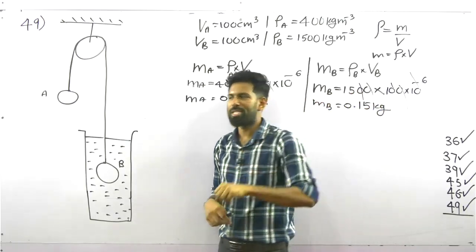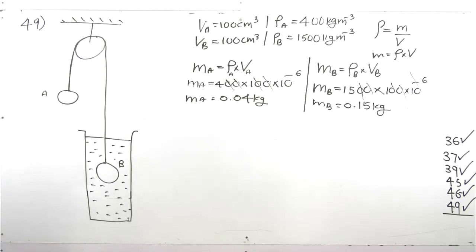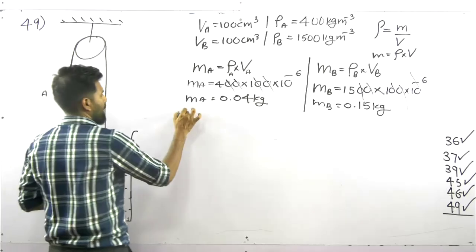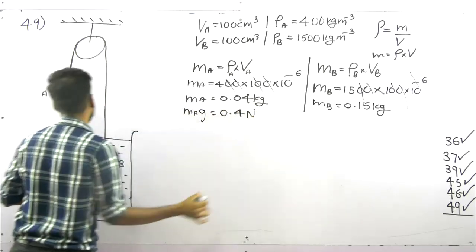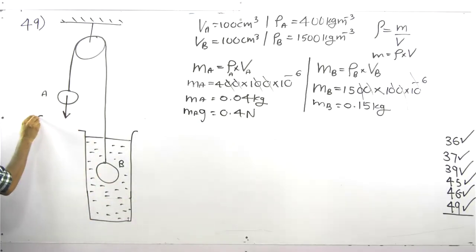Individually applying rho equals m over v for both objects, now I know their masses. So the weight of A, mg, is 0.4 newtons. I'm marking it here.